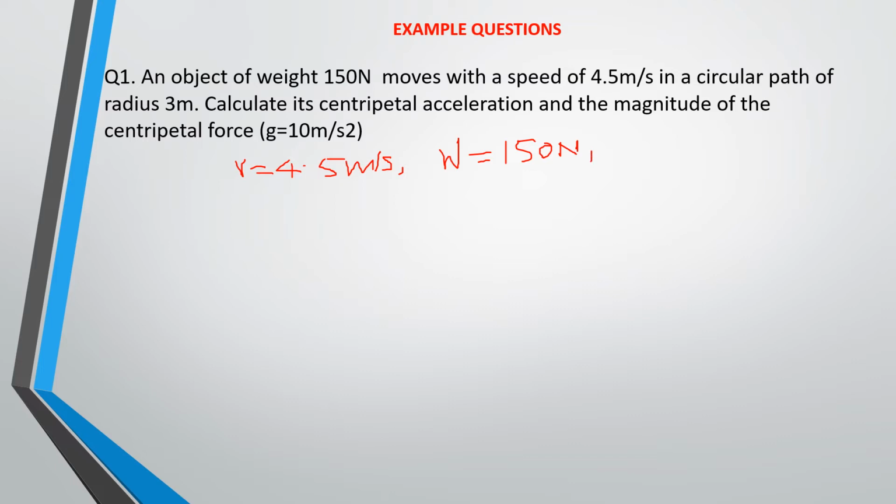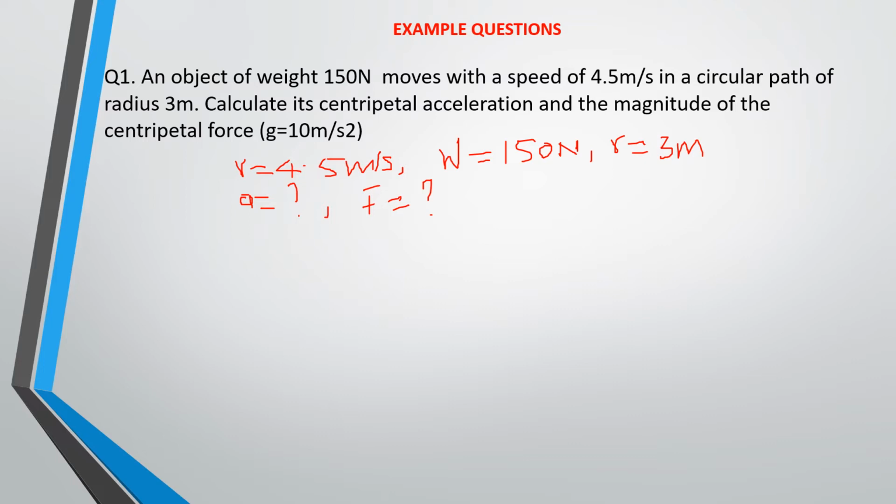We are given radius r to be 3 meters, and you are asked to find the centripetal acceleration a and the magnitude of the centripetal force F. When you are solving any physics problem, it's always good to bring out the known and the unknown variables, so that you know the equation to apply.